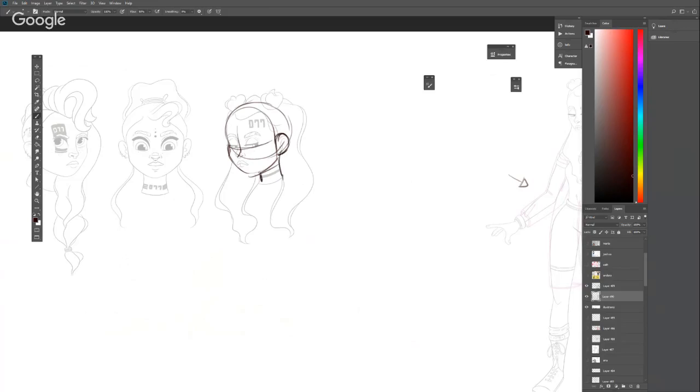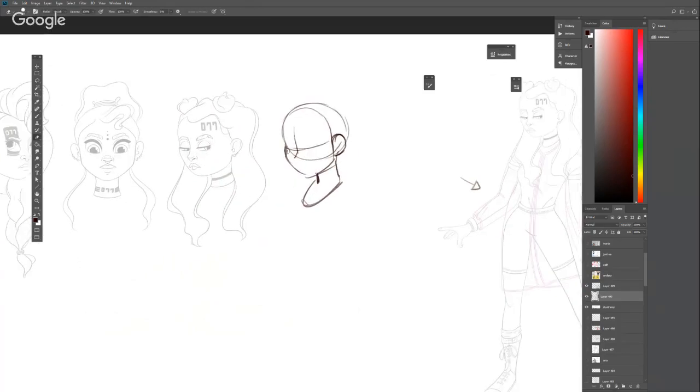Then I can look a bit at it. So think of the construction. It feels that there is something that is not really correct. So maybe it's that fill out the cheek a bit more.